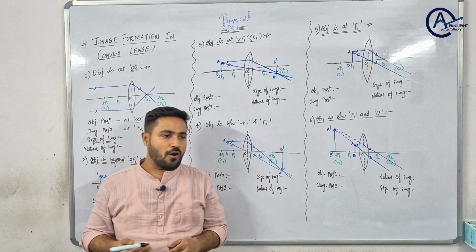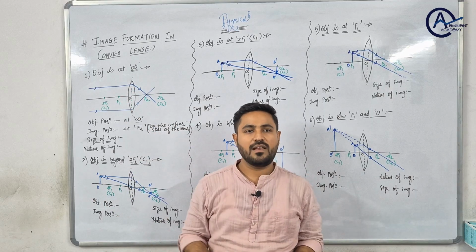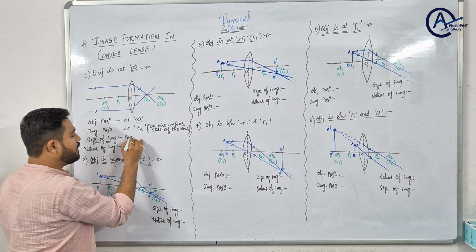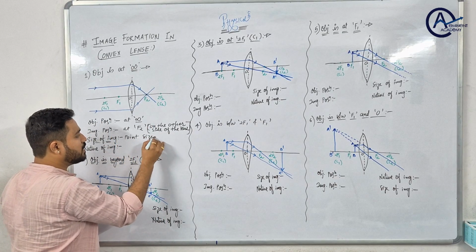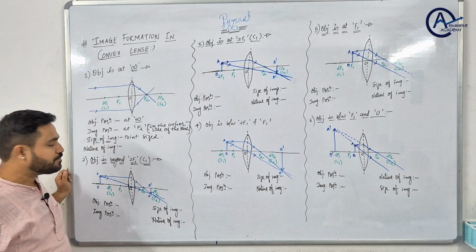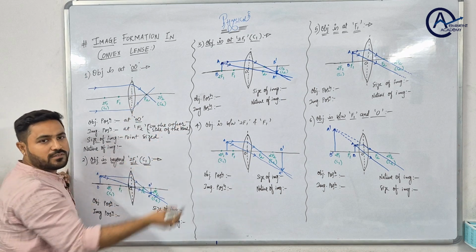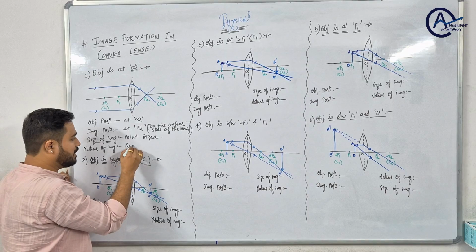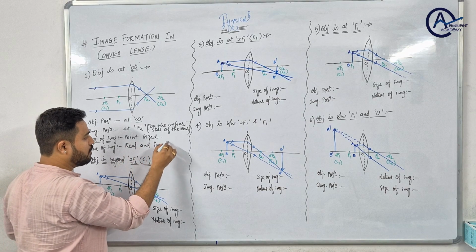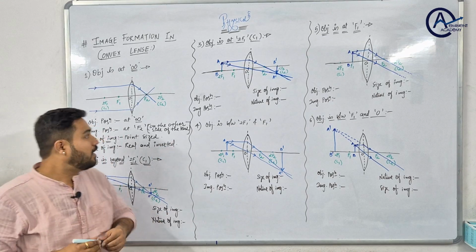If the object is kept at infinity, its image is a point-sized image, or highly diminished. Nature of image, we can obtain it on the screen, so it is real and inverted. So this is the first case.